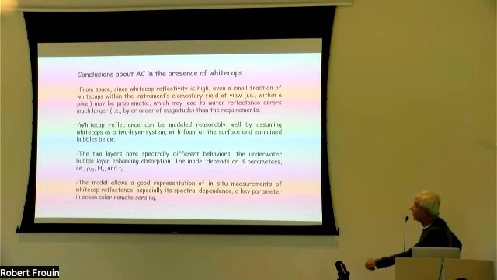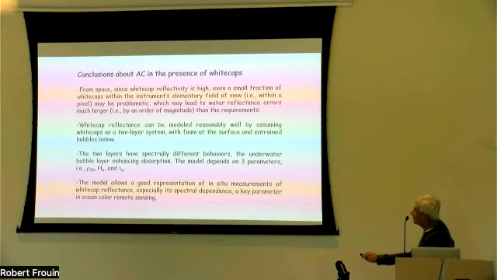Now, some conclusions about white caps. From space, because the white cap reflectivity is high, even a small fraction of white cap within the field of view may be problematic, and may lead to water reflectance error much larger than the requirement. And the white cap reflectance can be modeled reasonably well by assuming white caps as a two-layer system with foam on the surface and create bubbles below.